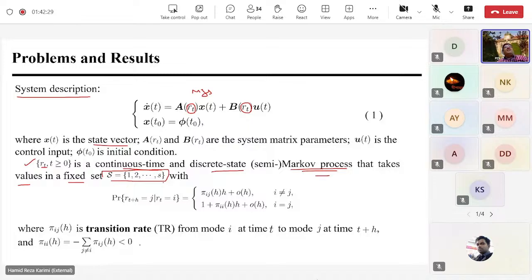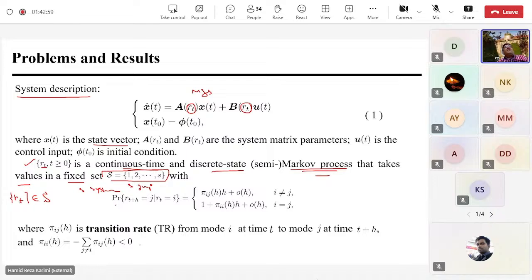You have S jumps, the number of jumps, or you have S systems, and the system is switching between these S systems. Then r(t) takes one parameter from here, so r(t) belongs to this set S.